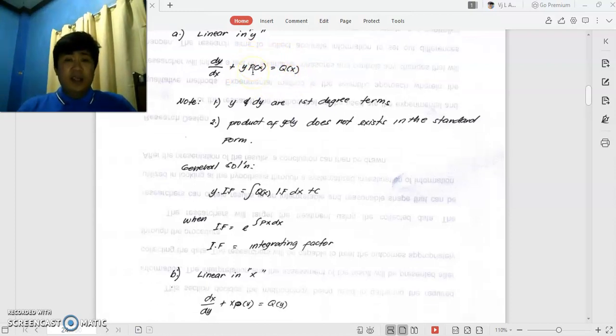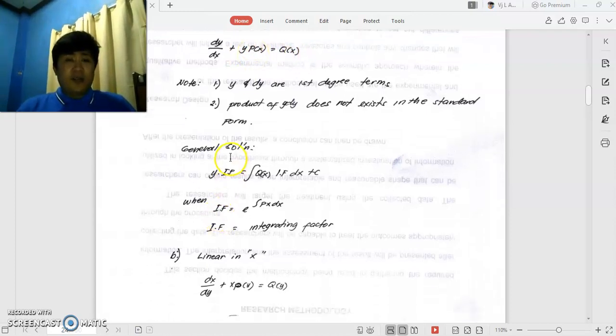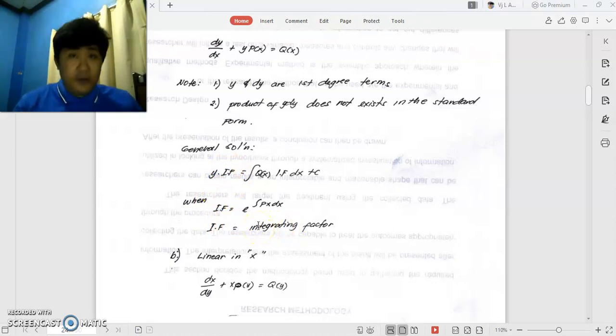In that case, in order for us to solve our general solution, we need to have our Q of x here to be substituted, and we have this IF. IF stands for integrating factor. So integrating factor is to be solved. In order to solve the integrating factor, you need to get the value of your P of x here.